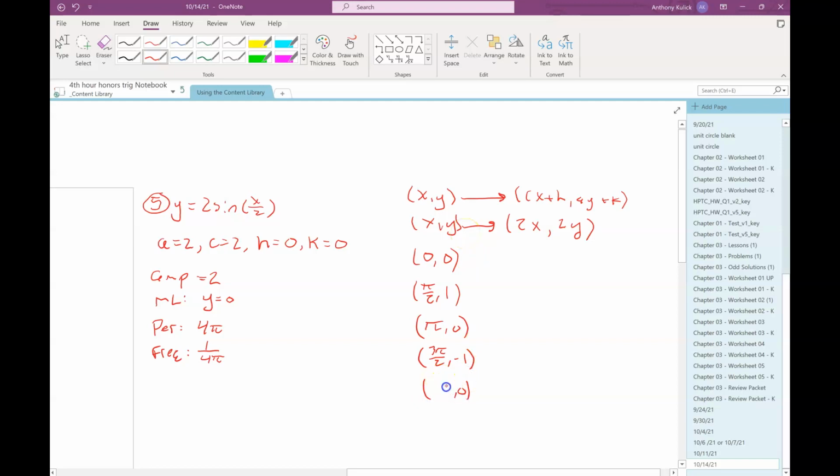So these are our key points. And so I'm just going to take my x and plug it in for x and simplify, then take my y and plug it into y and simplify. And I'll do that for each of these 5 key points.